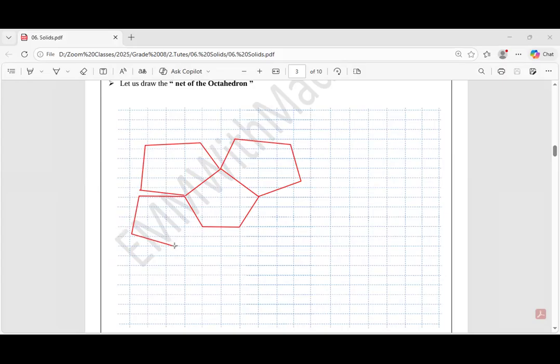Like this. And here, and comes here, and this comes here, and like this. Take this side, and here, and here.